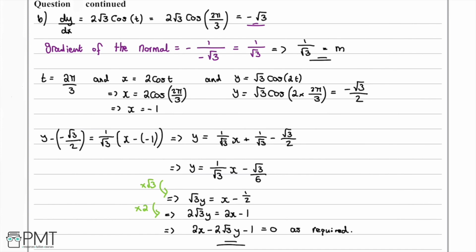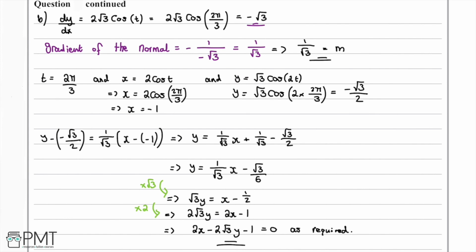So that's our second mark for getting 1 over root 3. We then receive our third mark for working out the coordinates of P. So that was x equals negative 1 and y is equal to negative root 3 over 2. And we do that by substituting 2 pi over 3 into our equations for x and y.